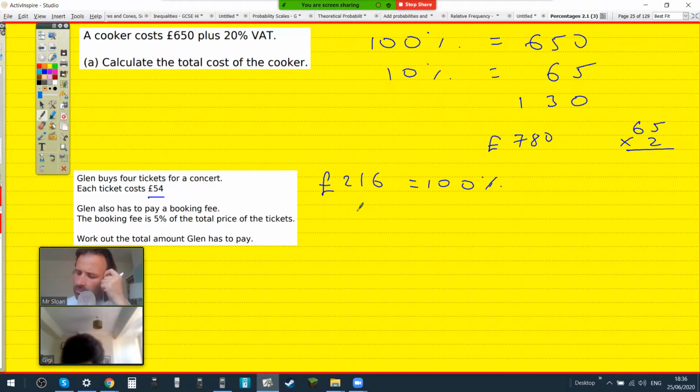Is it 10.8? Yep. £10.80. And so total costs. Oh, I didn't read that it was 5% for the total price of the tickets. I thought it was 5% for each ticket. Okay. And so what was the final answer then for this one?